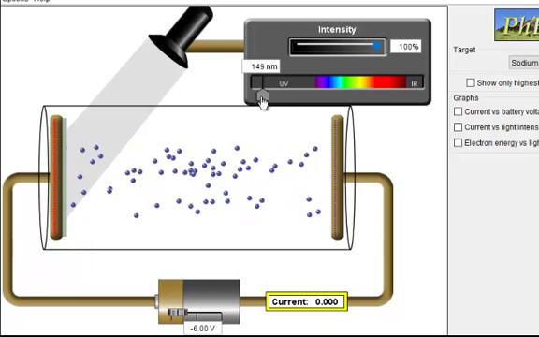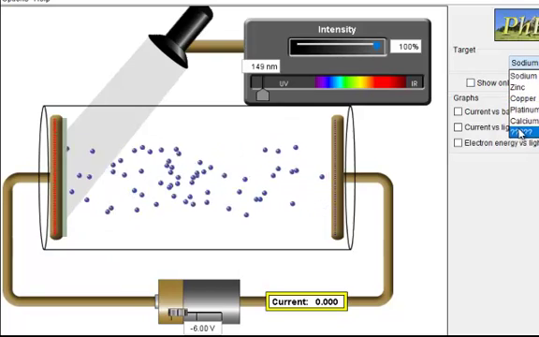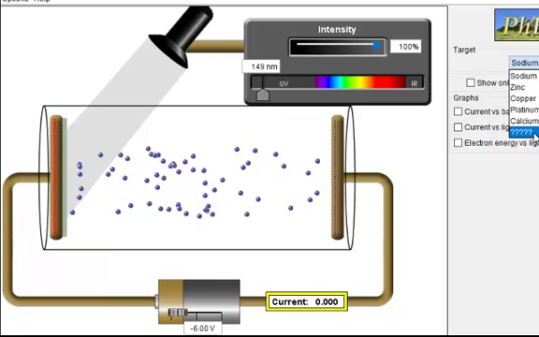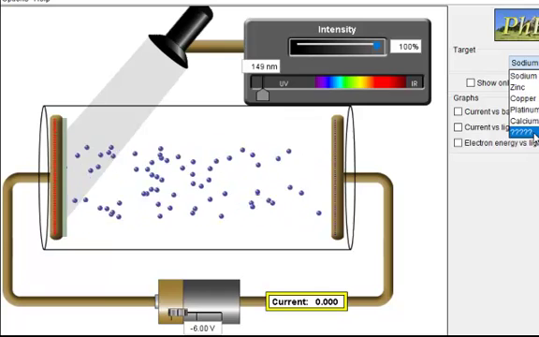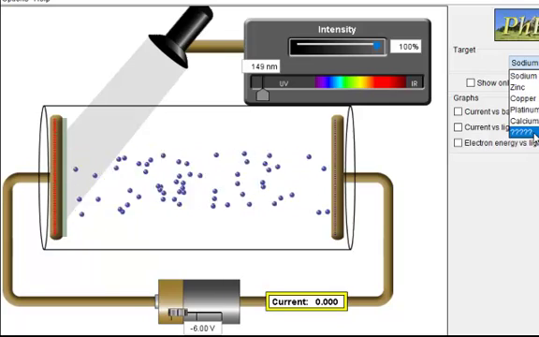You only choose one element. Could be sodium, could be zinc, copper, platinum, calcium. This question mark thing here, I already did that as an example in Excel. I couldn't figure out which one that actually is because its work function didn't match any others.